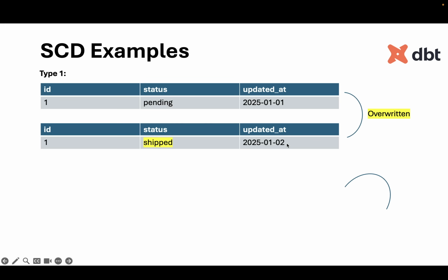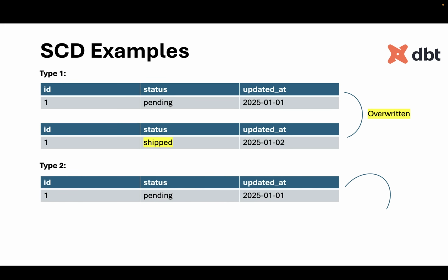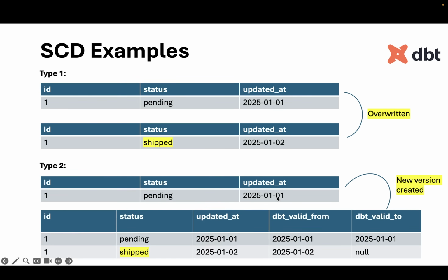Okay, now with type 2, the scenario is different. Let's say we have the same table with ID number 1 and the status of pending, and this was the original updated date. And now when this status changes to shipped, what does DBT do?